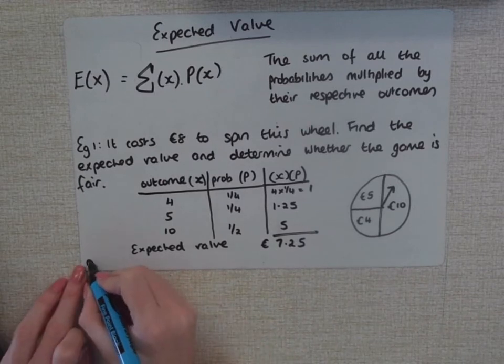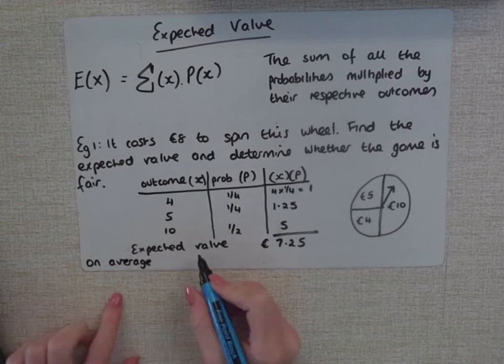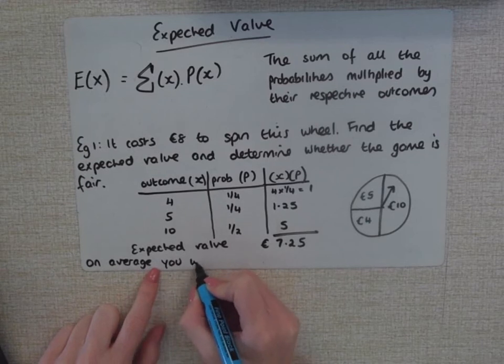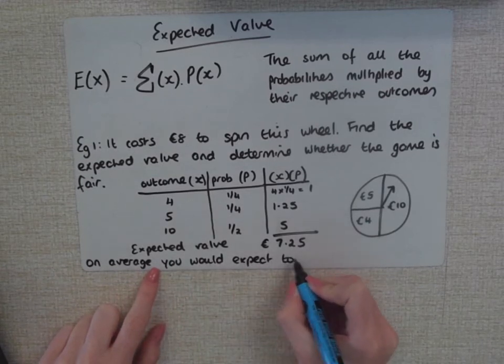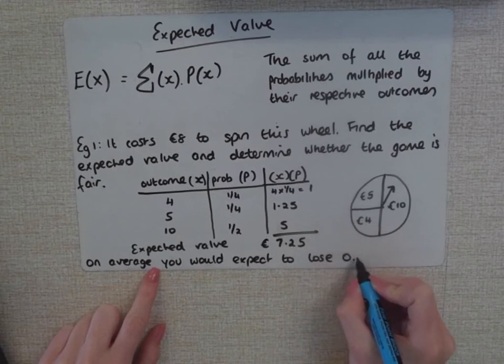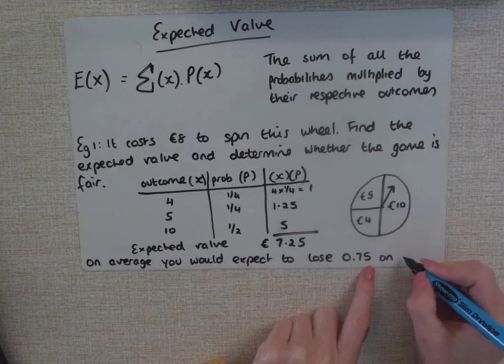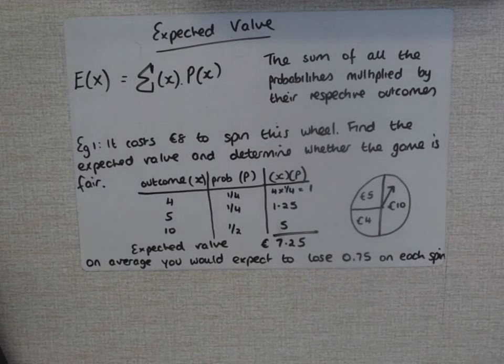So on average you would expect to lose 75 cent on each spin.